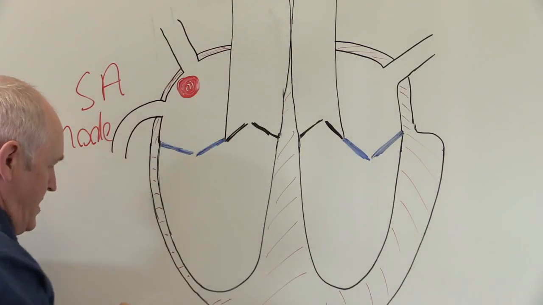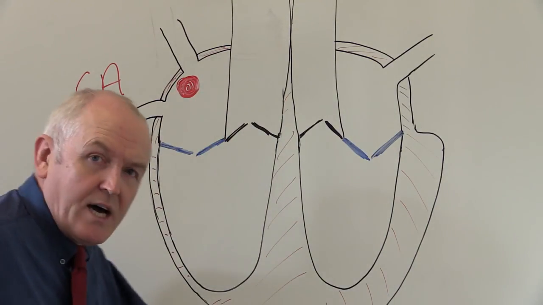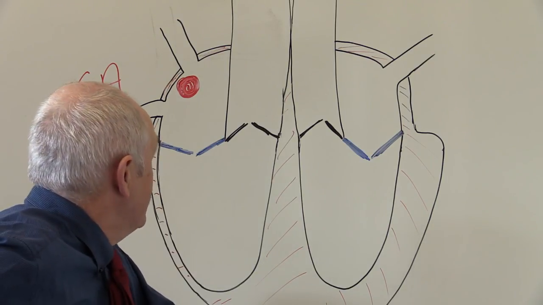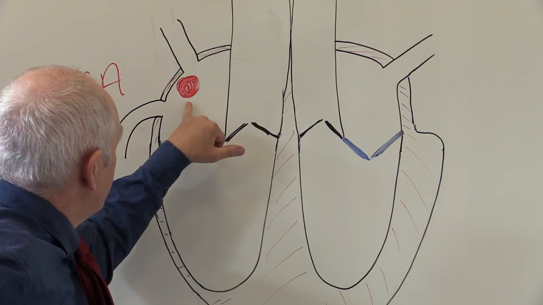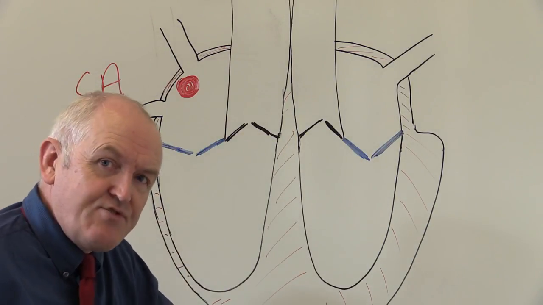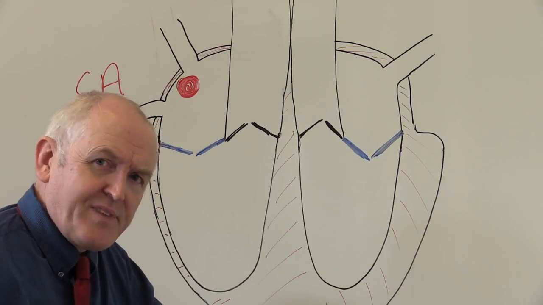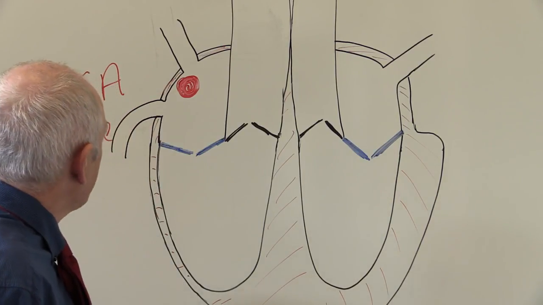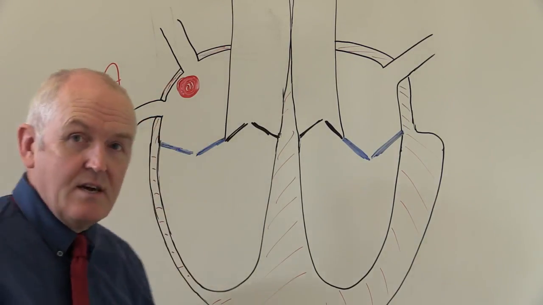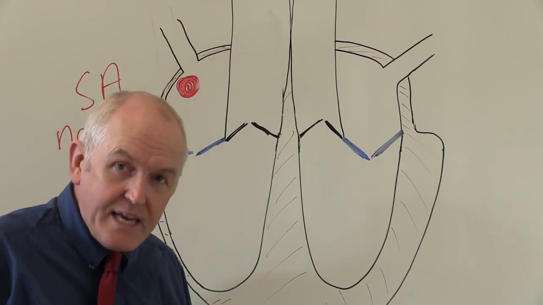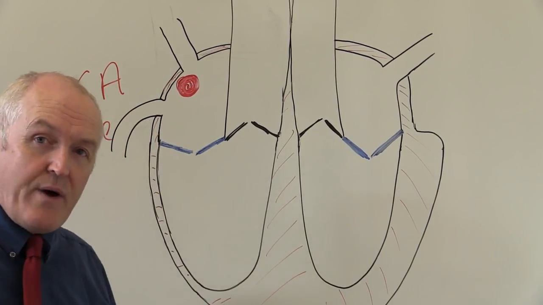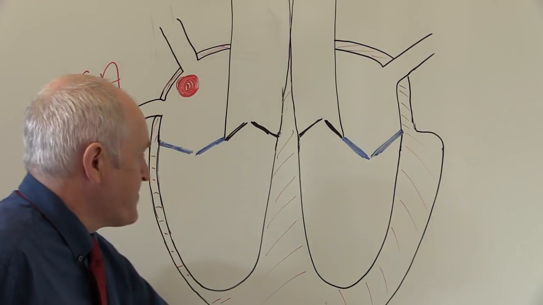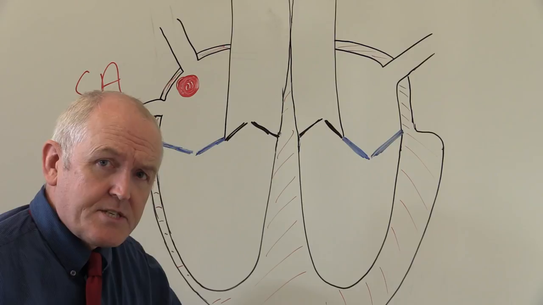So there's the sinoatrial node here, specialised myocardial tissue, electrically active. And this area is what we call intrinsically unstable. It is electrically intrinsically unstable. So quite spontaneously, all on its own, without anyone telling it what to do, without any hormonal influence, without any neurological influence, this will depolarize.